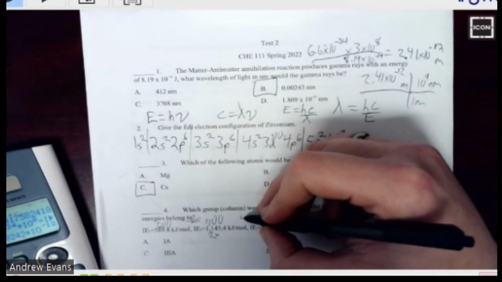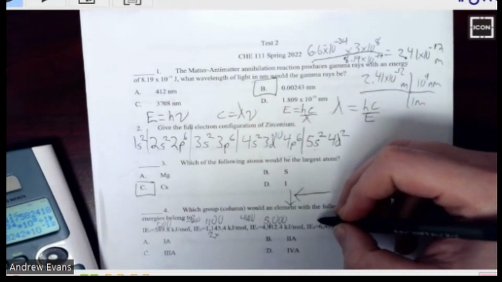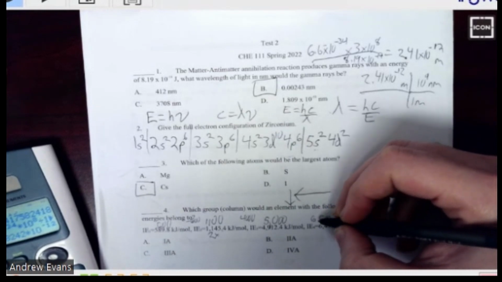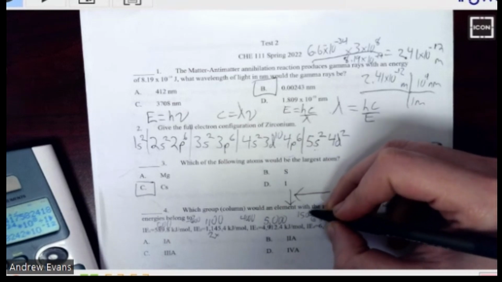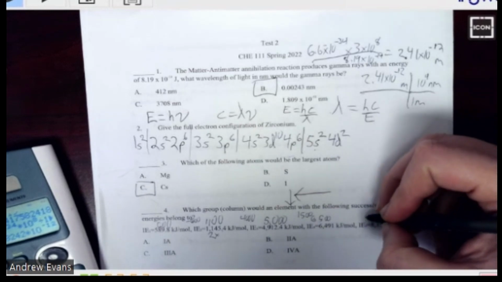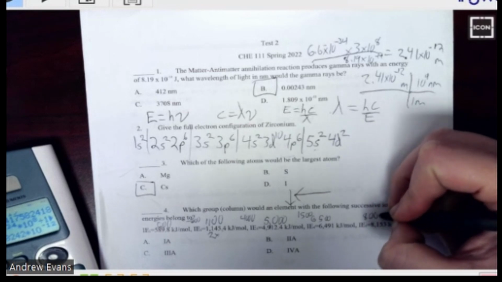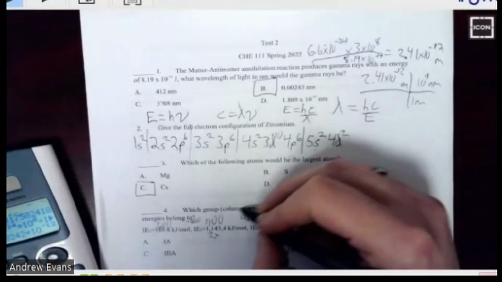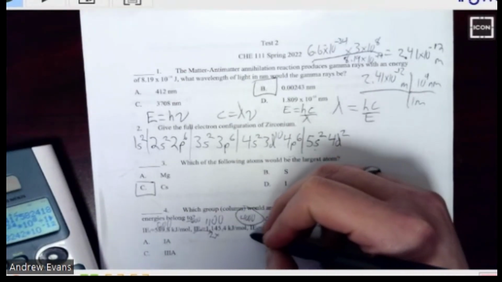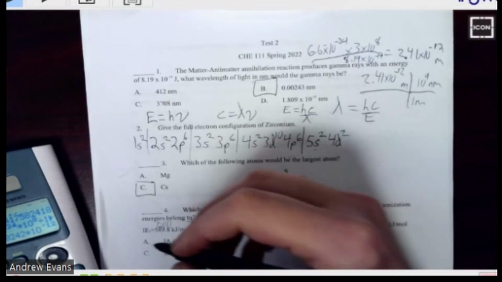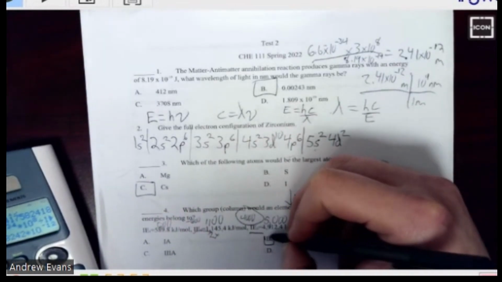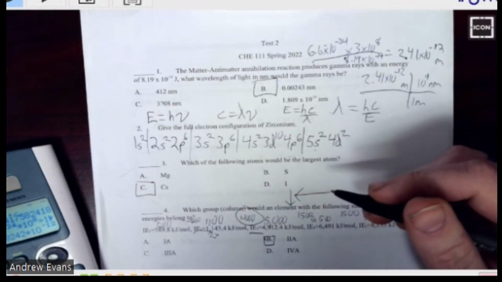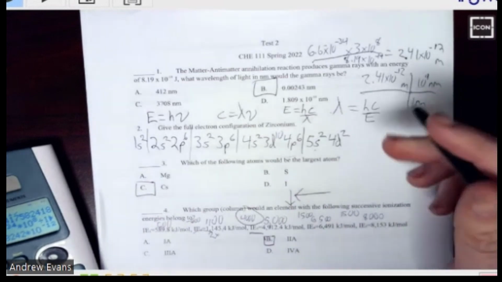The difference here is about 4,000. The next is, let's say, 6,500, a difference of about 1,500. And that one, let's say 8,000, another difference of about 1,500. So where's the big jump? The big jump is between 2 and 3, meaning it has to be group 2A, not group 3A. You can easily lose 2, but not the third one.